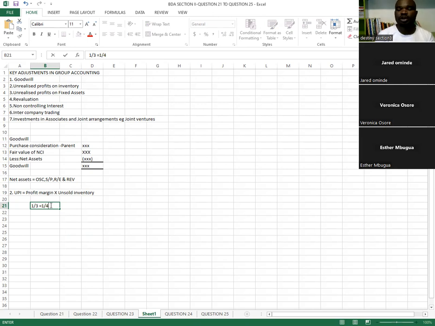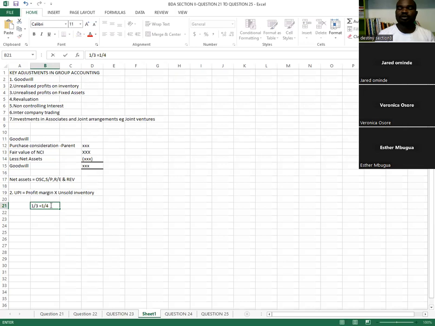Your numerator remains constant, but you add the numerator to the denominator. Just like that. So don't work with markup. Also, in some questions they will not mention it directly as markup.